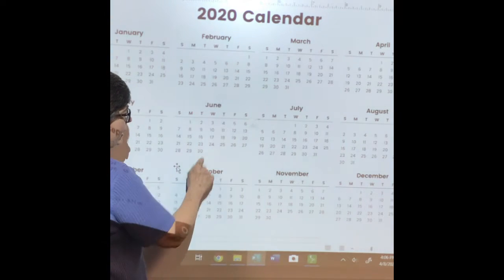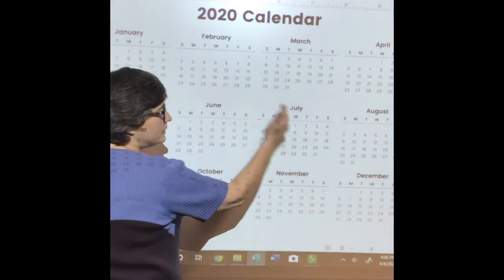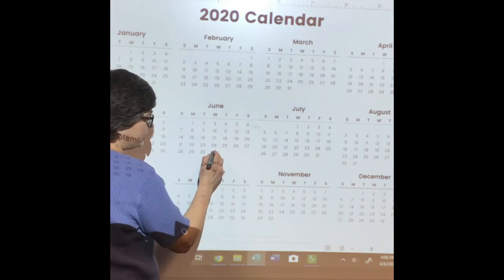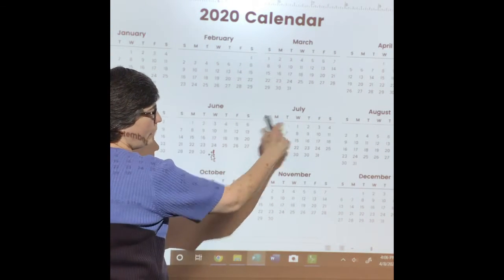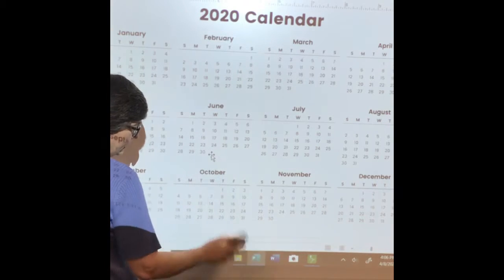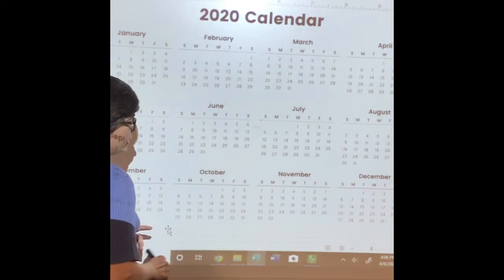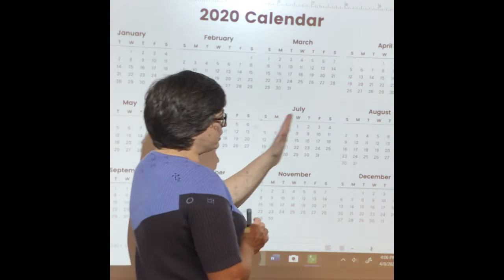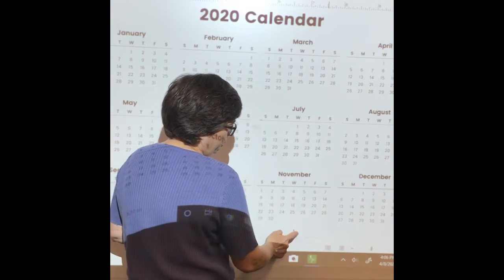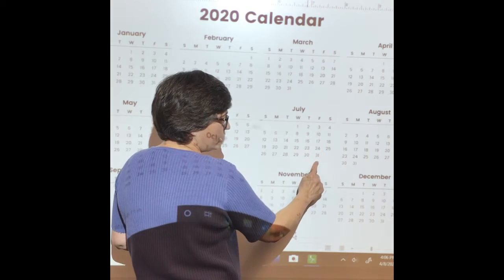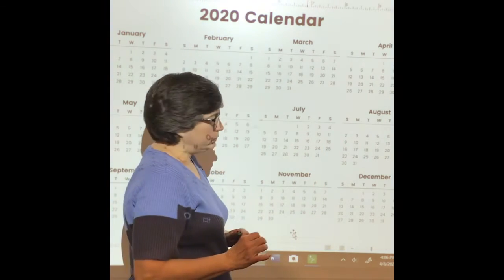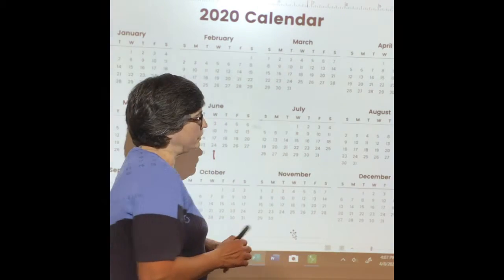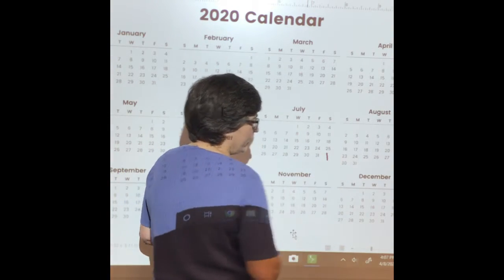So if June ends on a Tuesday, that means the next month would start right here. So the next month starts on a Wednesday. Okay? Let me get rid of that. So the next month starts there. Let's look in July. Okay? In July, July ends on a Friday. So then that means August would have to start right here.